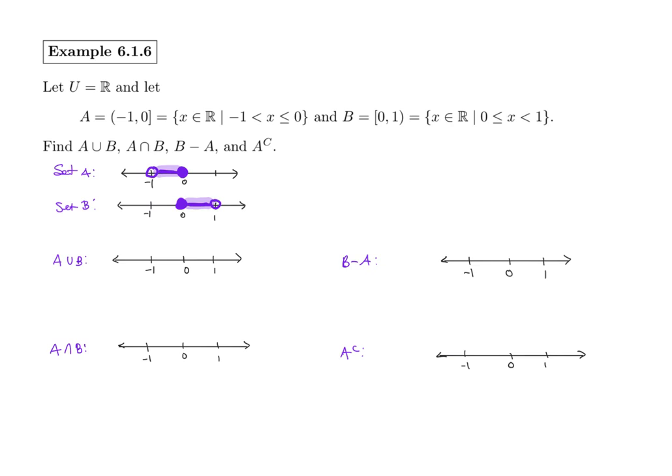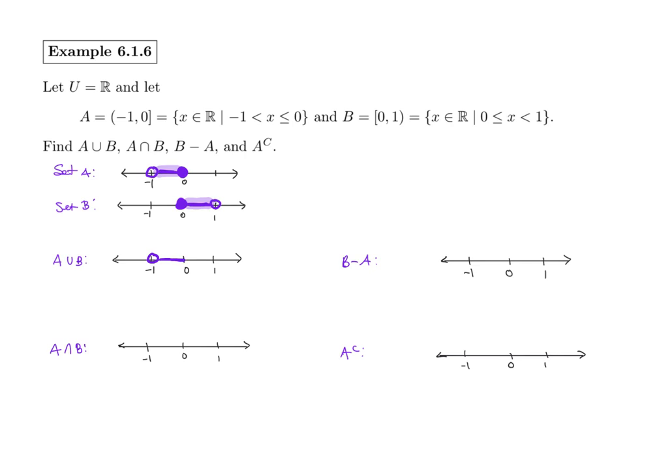We want to find first the union of A or B. What that means is I want all values that are included in set A or in set B. If we come straight down, we know that we don't include -1, but we include everything up to 0.